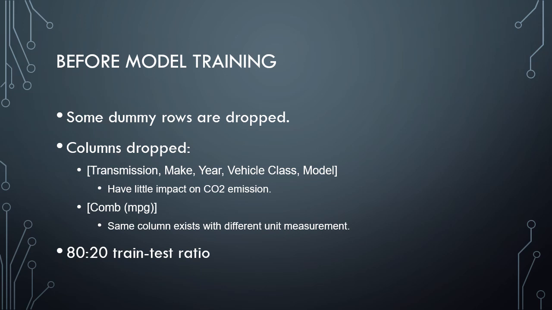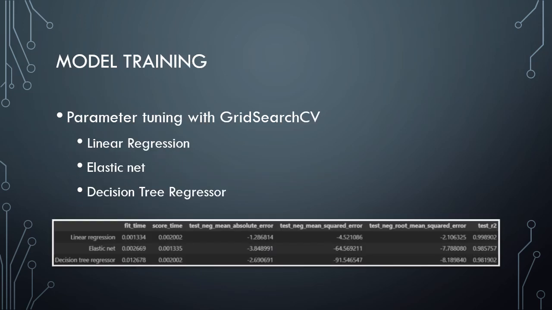After the data cleaning above, the dataset is scaled and encoded with standard scaler and one-hot encoder, and then train and test set are split with 20% test ratio. Given this pre-processed dataset, we conducted training with three types of model: linear regression, elastic net, and decision tree regressor.